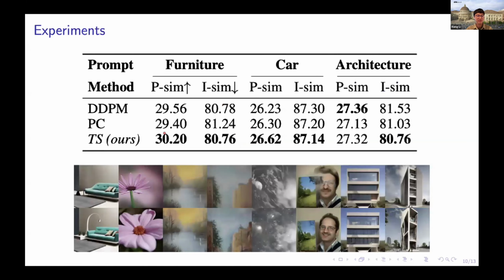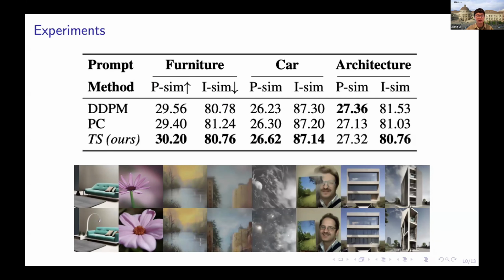Yes, I think the improvement in image quality might not be well explained by our theoretical framework. Here in this experiment, the metric is to measure the similarity between the prompt and the generated images. We compute the CLIP score, the average CLIP score between the prompt and the images, to see whether it is consistent with the prompt.